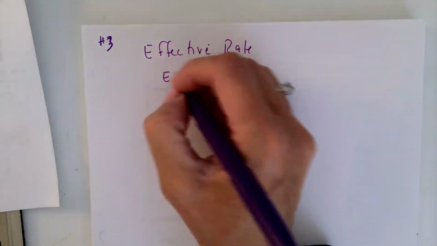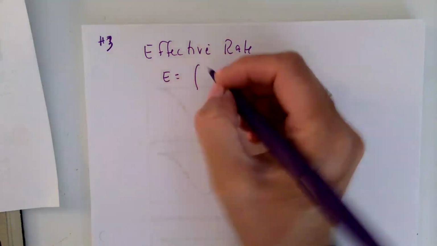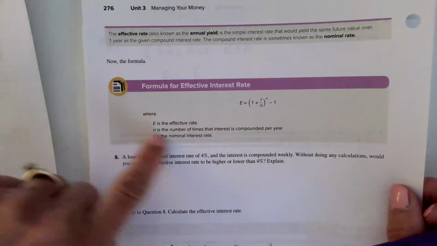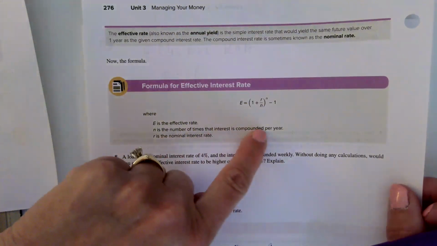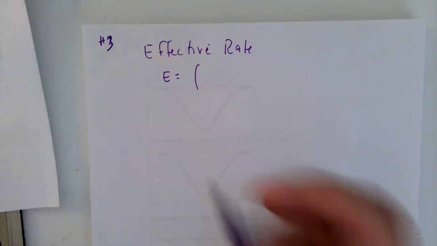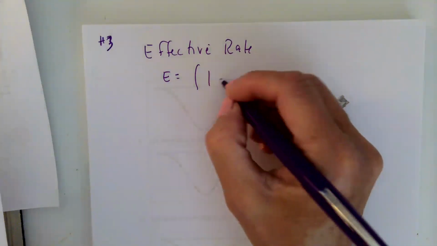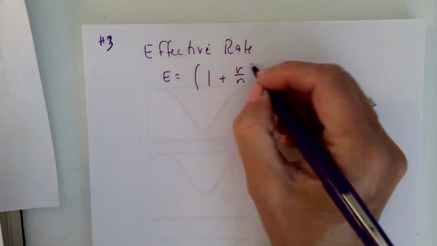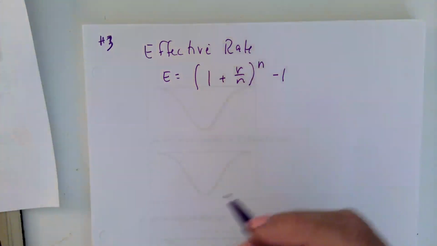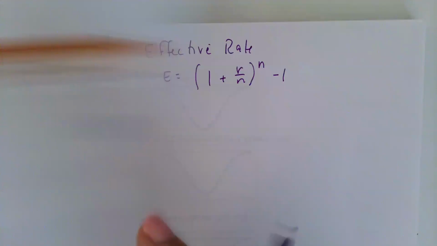And let's write that formula down. That formula is here on page 276. And E is the effective rate. N is the number of times that you're going to be compounding per year, as it was in the other formulas. And R is your interest rate again. So we're going to compare 3% compounded monthly.